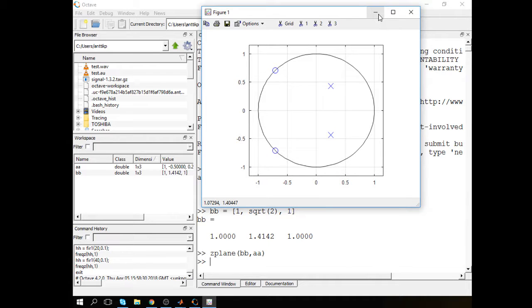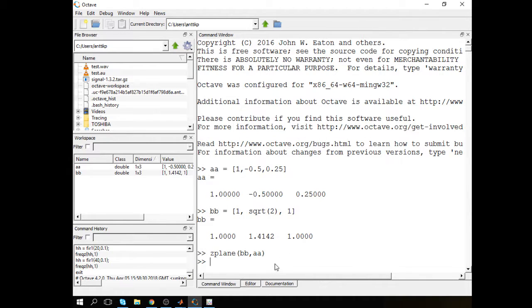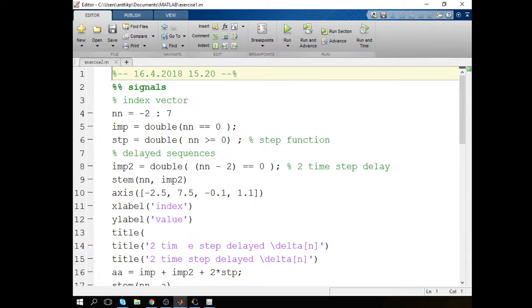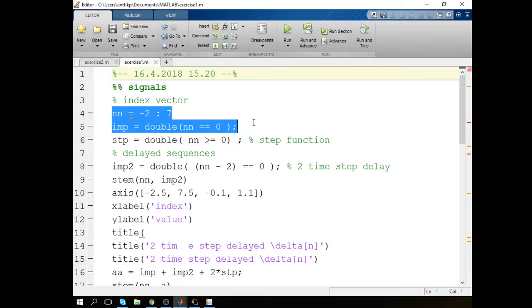So z-plane is there. The next part is to calculate the impulse response. And for impulse response, let me take a look at the impulse function from Monday. Okay, impulse function, I have NN and then impulse.